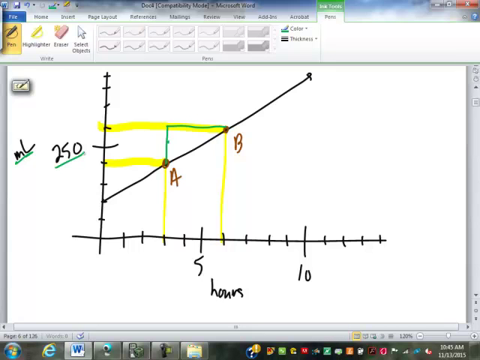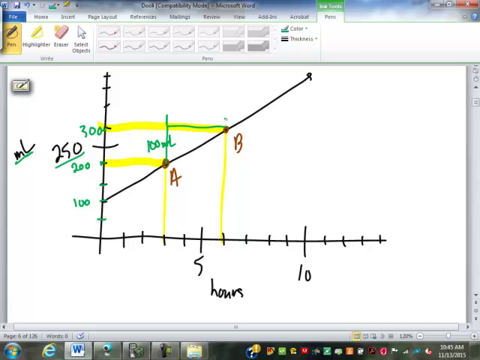Well, if this is 250 here, this would be 50, 100, 150, 200. So this would be 100. This would be 200, 250, 300. It goes from 200 up to 300, right? It's 100 milliliters. It increases.